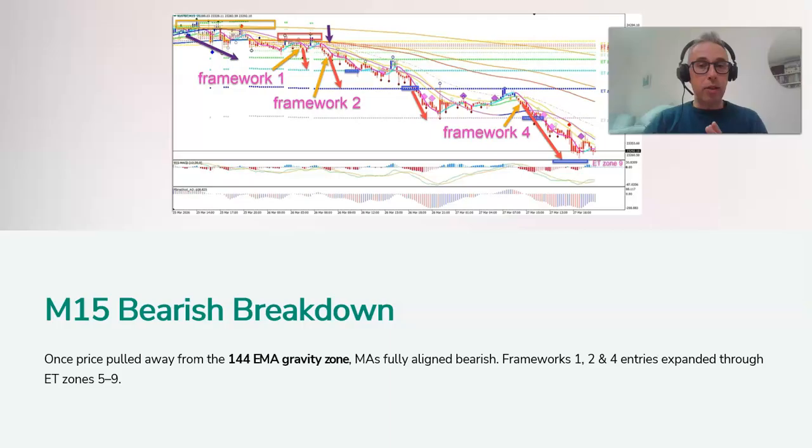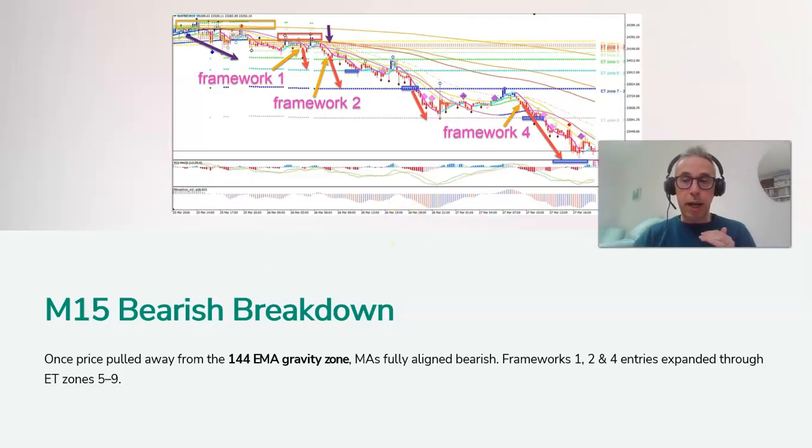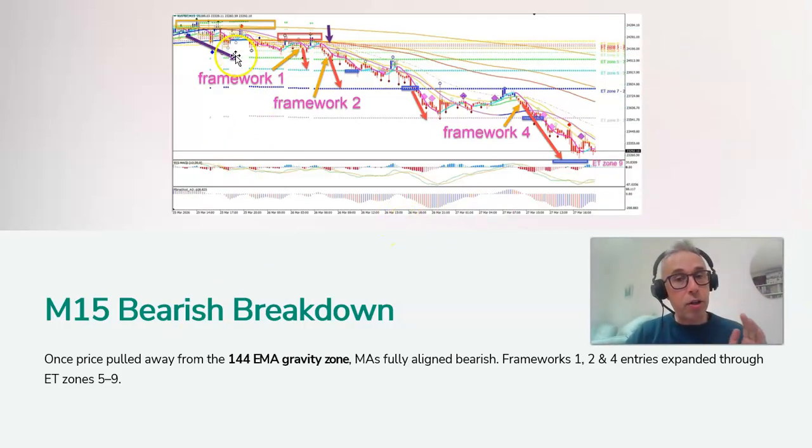But as soon as price then made that bearish breakout and started to structurally move below the ET zone levels 3, 4, 5, you can see that there was more space between the moving averages. Price breaks below those key ET zone indicator levels and then starts to more or less move step by step to larger levels, often with more momentum.